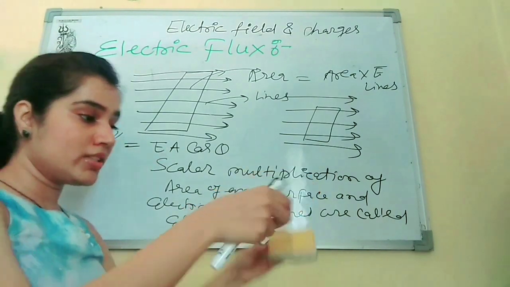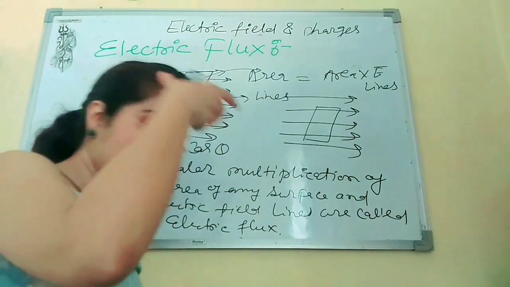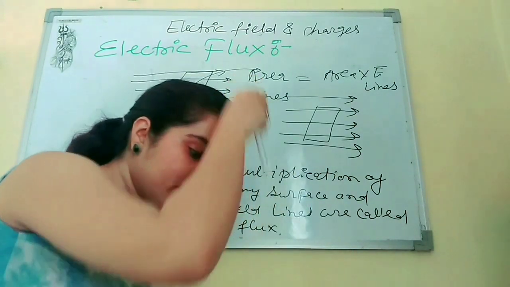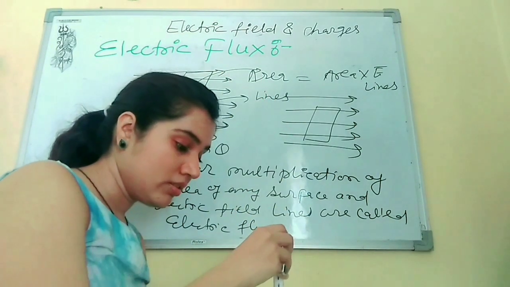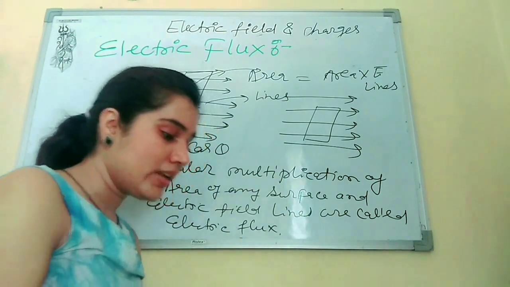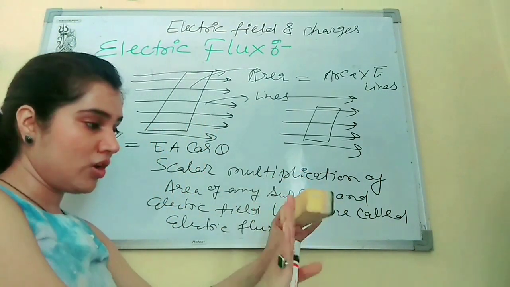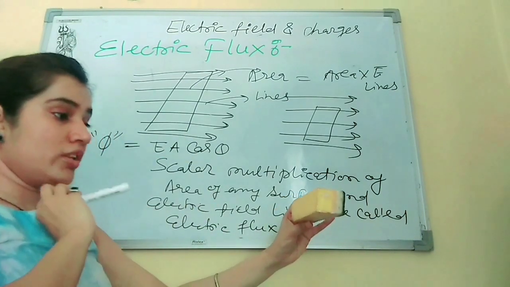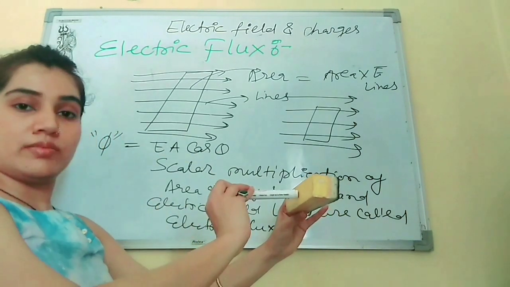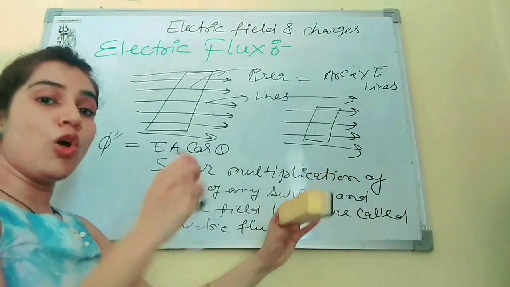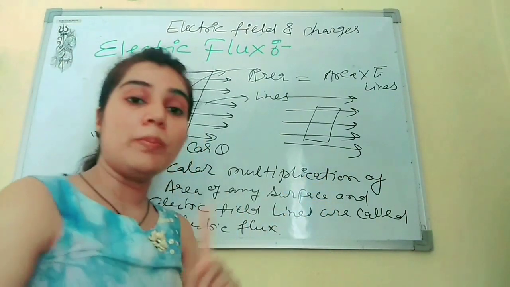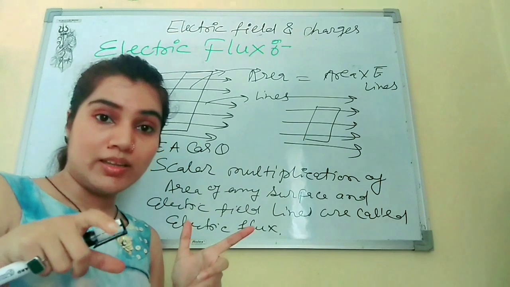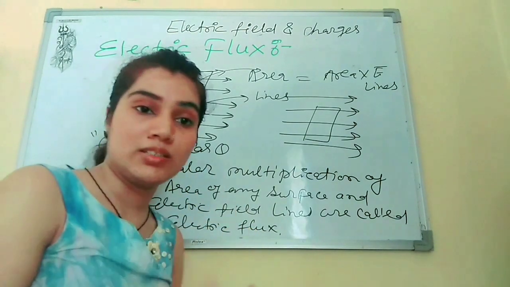Suppose I put it like this and now I'm seeing from this direction, then the lines appear perpendicular to this surface. If I change the position of the surface and see it like this, the lines will appear in this direction. Got it? They always appear perpendicular to the surface towards the eyes.